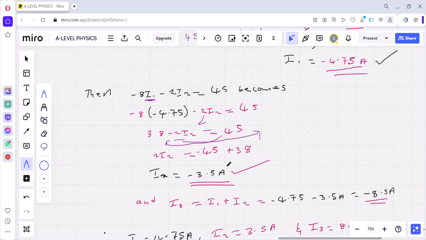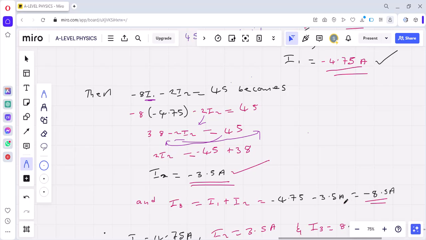Now we can substitute these values into the first equation to solve for I3. We know from equation 1 that I3 is equal to I1 plus I2. So let us substitute for I1, which is negative 4.75, and I2, which is negative 3.5. That is giving us negative 8.5.